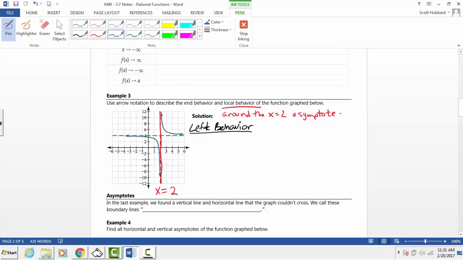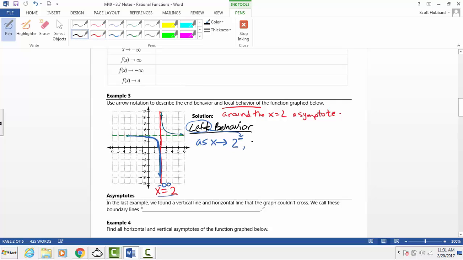I'll do it in blue here. Put my finger on the graph, and I want to approach the asymptote 2. And again, I'm coming from the left. That's what left means, with a little negative symbol. As x approaches 2 from the left, where does the graph go? I put my finger on the graph, and it looks like it's going down, down, down. And that means it's heading towards negative infinity.